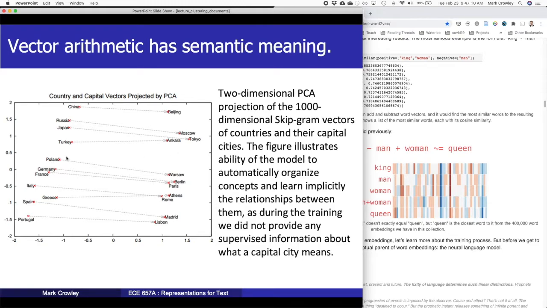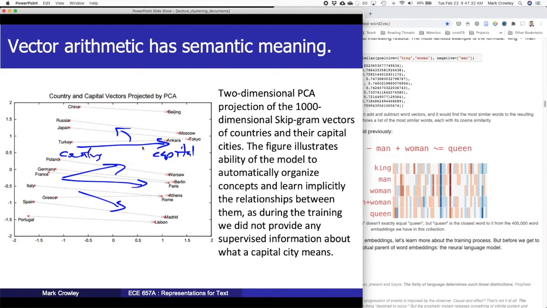And so it seems like in this direction, in the vector space, you're going from country to capital of that country, right? And the direction has a little bit of variation, but it seems meaningful, right? And remember, this is a 2D vector, but this is actually, I don't know, we said 1,000, right?